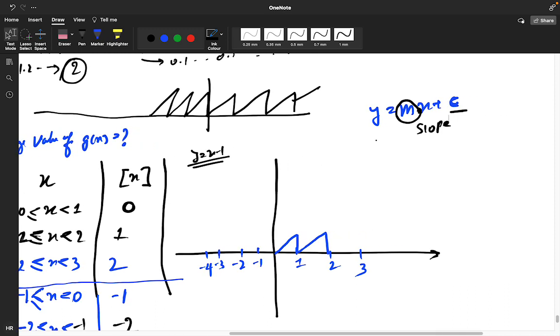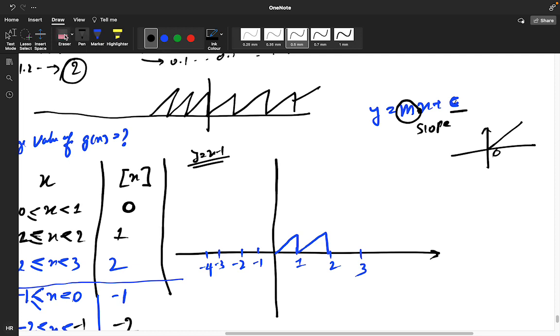So how do you draw y is equal to mx plus c? I am assuming c is 0.